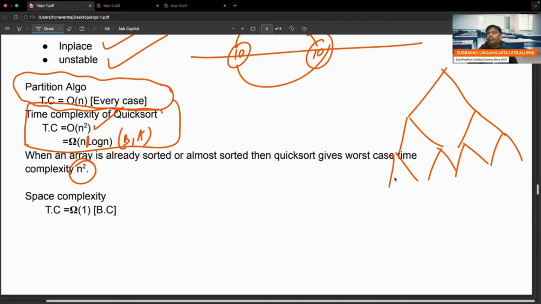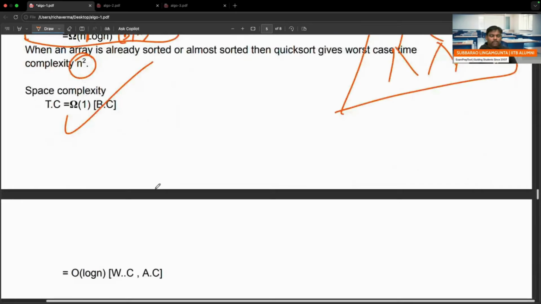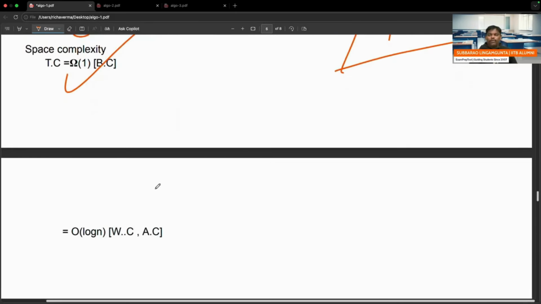If you apply the modified approach, worst case log n space will come, average also log n, and best case is 1 stack space. So best case is 1, worst and average case log n.